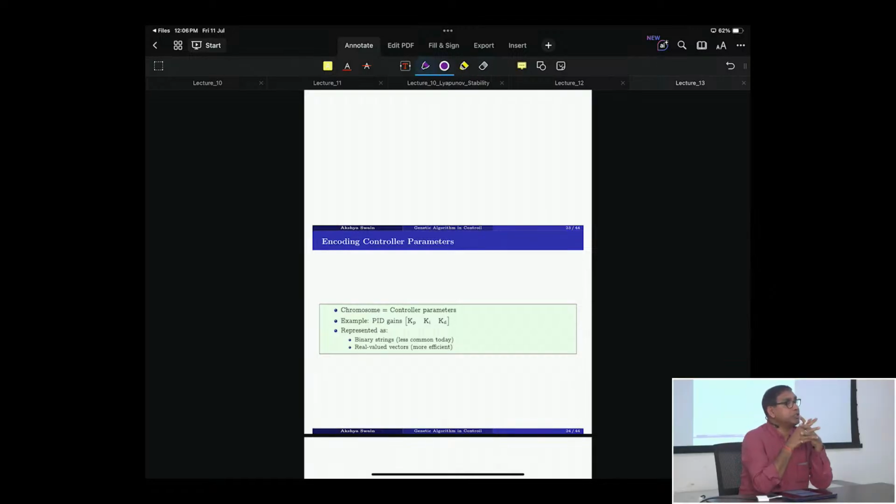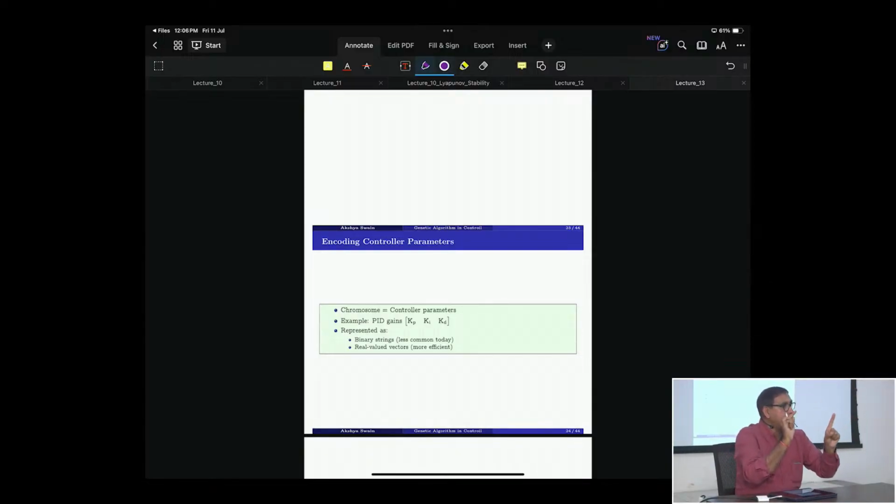Suppose you want to design a PID controller. Let us see how it will work, which you will do in the assignment. You want to find out Kp, Ki, and Kd. So how many variables do you have to design? Three variables. Now you define a chromosome.